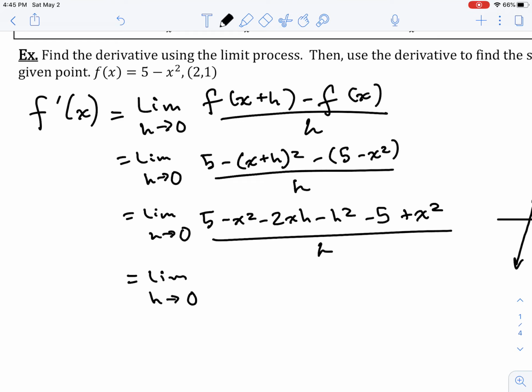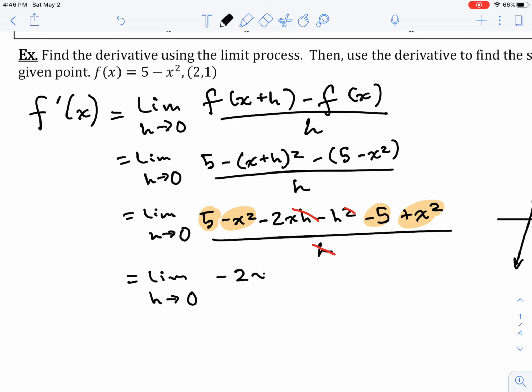And as you can probably tell, we're going to have a chance to do some cleanup here. Let me actually use my highlighter here so that things don't get too messy. So I got a 5, negative 5, positive x squared, negative x squared. And I can also divide out my h down here with these.